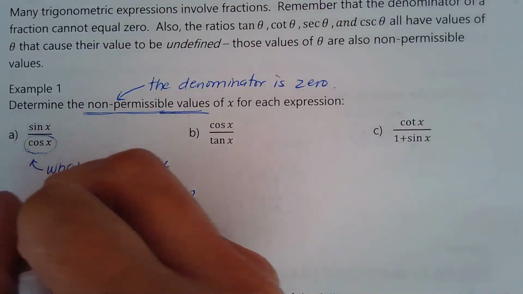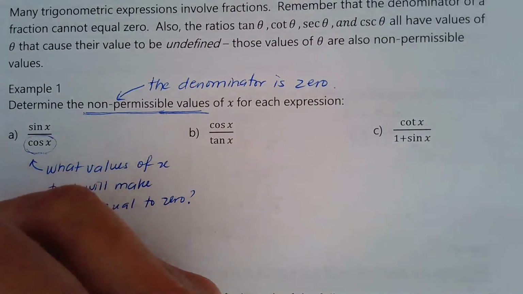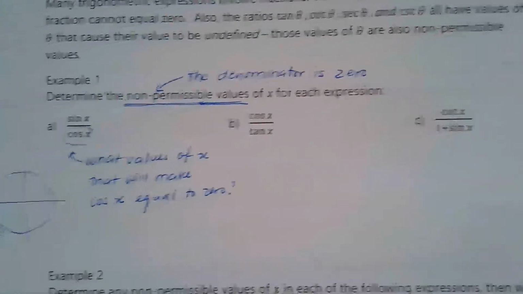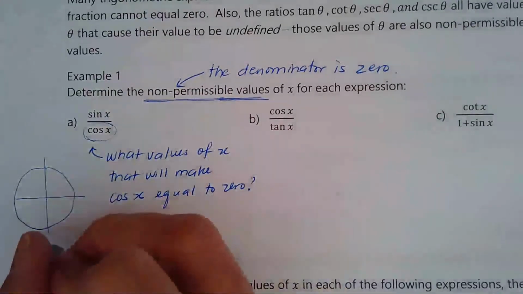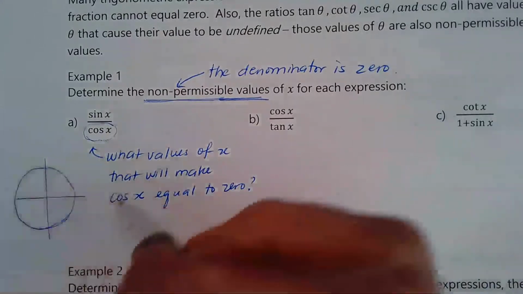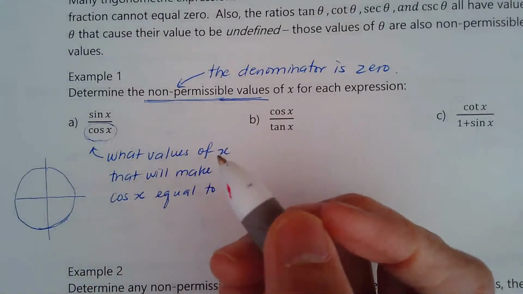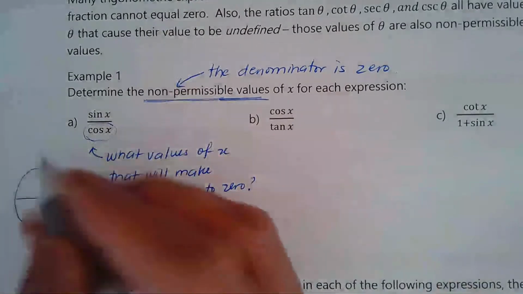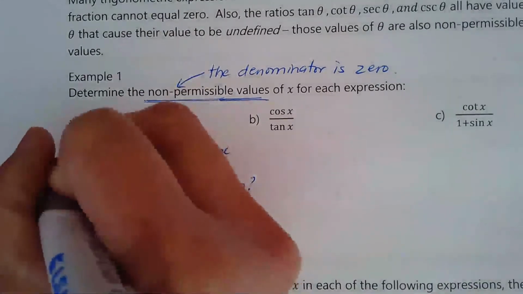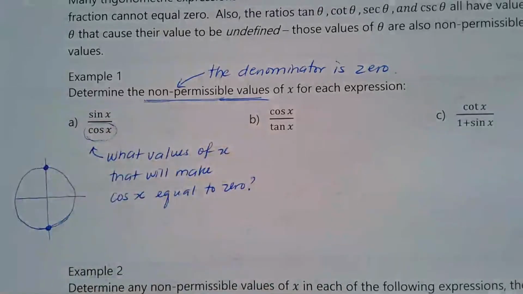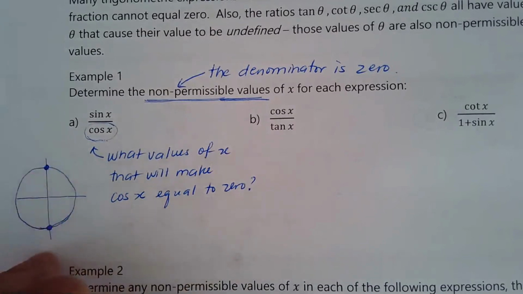Let's always have a visual here because it brings it back to what we already know. Here's a unit circle. Where is cosine 0? Remember, cosine are the x values on our unit circle. It's 0 here, and it's 0 there. Well, what are those angles right there?